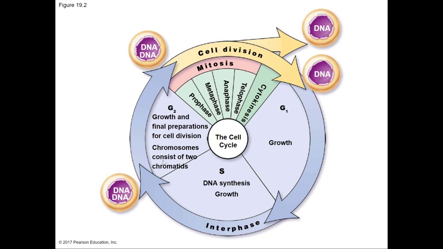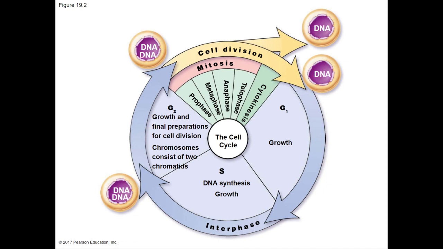Now notice up to this point, the G1, S, and G2 phases are in blue, and they are known as interphase. Cells normally spend most of their day in interphase. But when all the conditions are correct, they can enter mitosis.